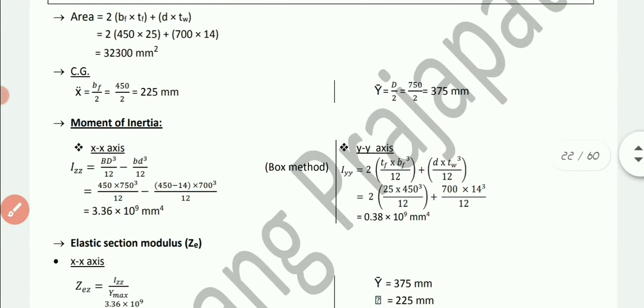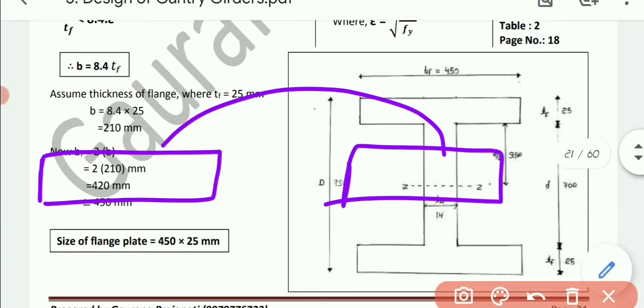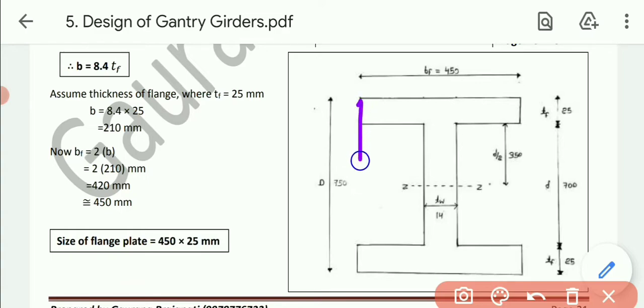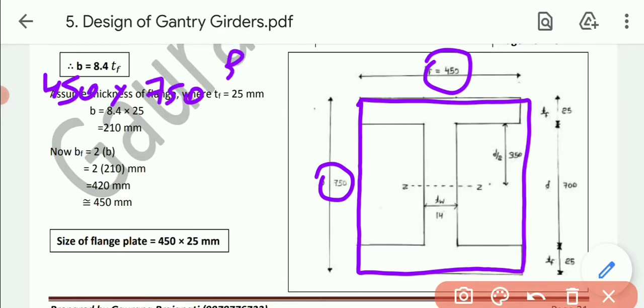Now let's calculate moment of inertia. First of all, with respect to x-axis, that is the typical box method, we can say capital BD cube by 12, that is 450 into 750 cube by 12, and from that deduct the central portion.